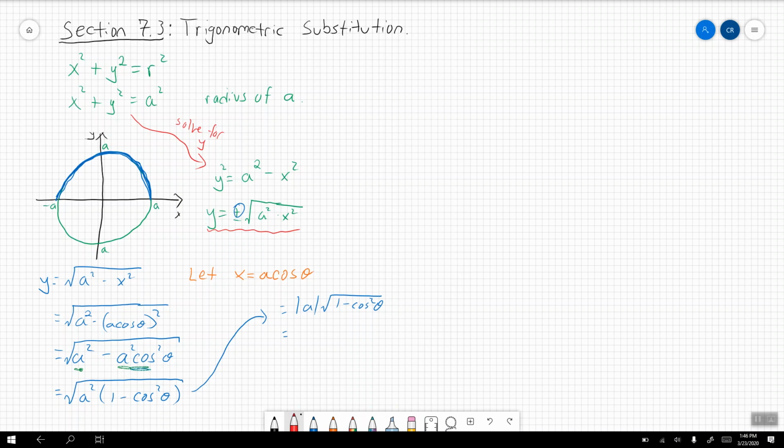That identity, if you remember, looks like cosine squared theta plus sine squared theta is equal to 1, which means 1 minus cosine squared is really just sine squared theta, like such.